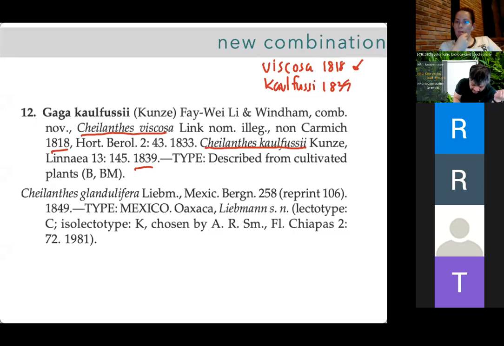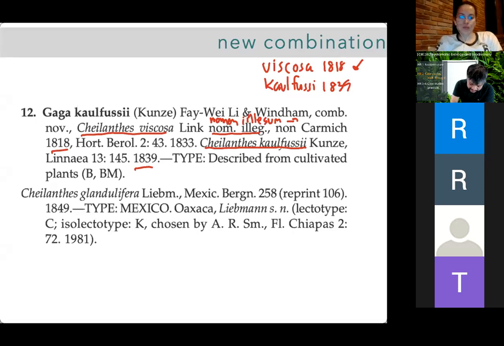But you see here, nom. illeg. What? Nomen illegitimum. Illegal names. So this guy Link, who named viscosa, did it wrong.